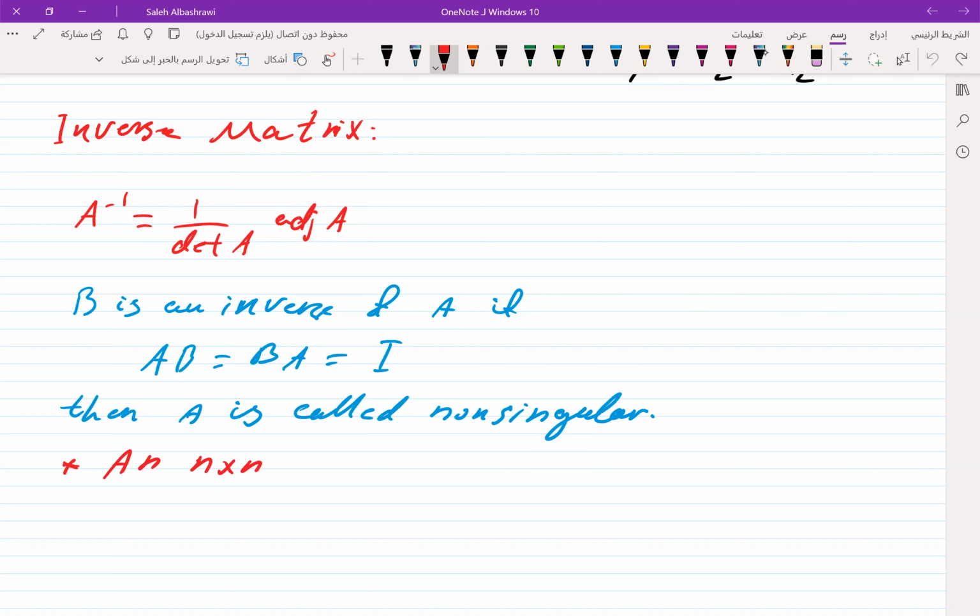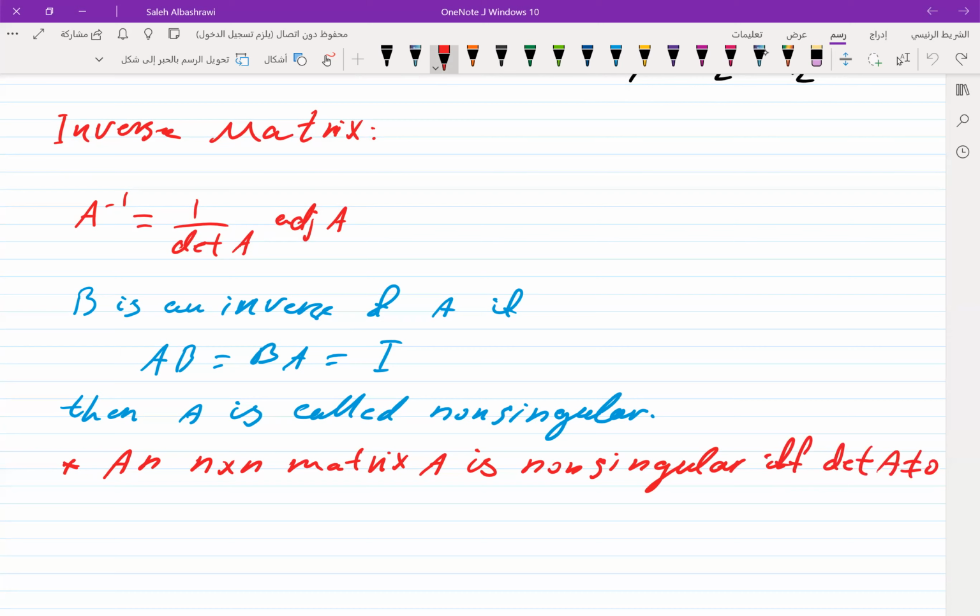An n by n matrix A is non-singular if and only if the determinant of A is not equal to 0.